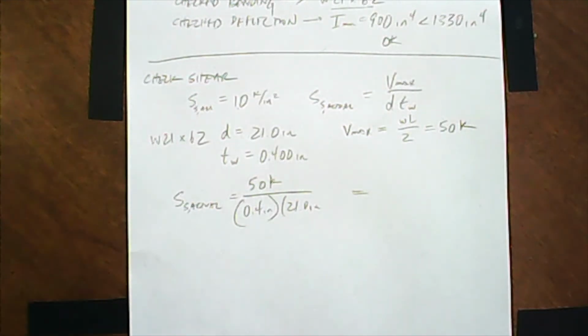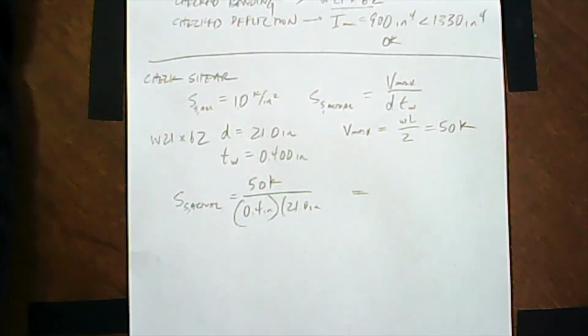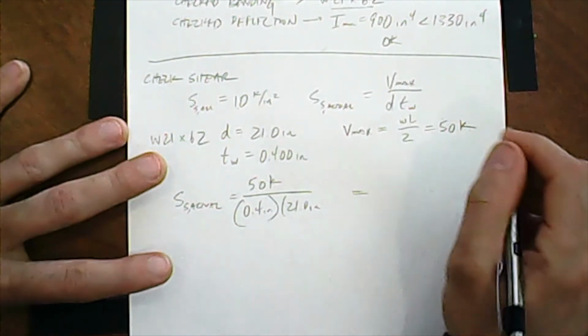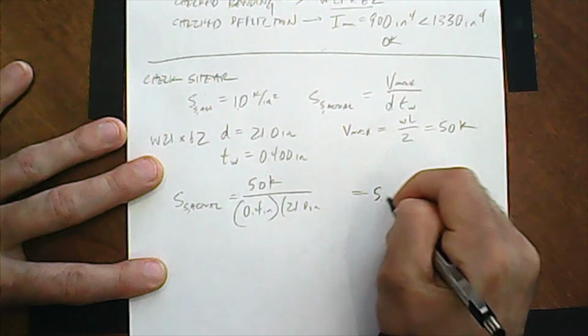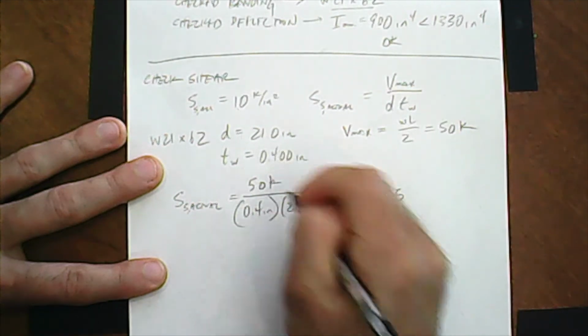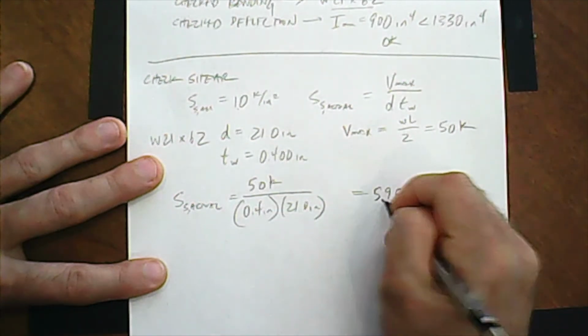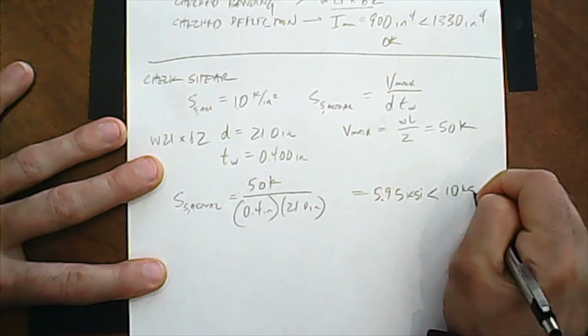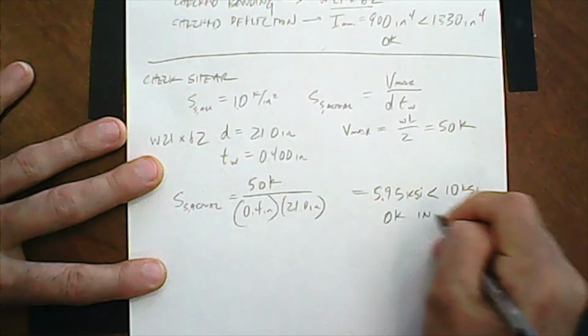And we get, I'm going to run through this on the spreadsheet really quick. 50 divided by 0.4, also divided by 21. And we get 5.95. And that's kips per inches squared, which is KSI, which is less than 10 KSI. Okay in shear.